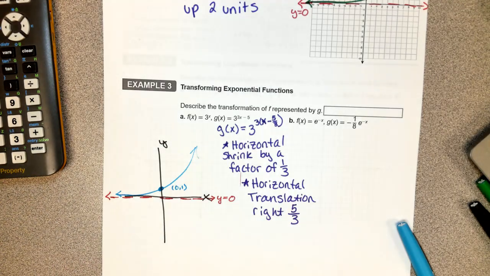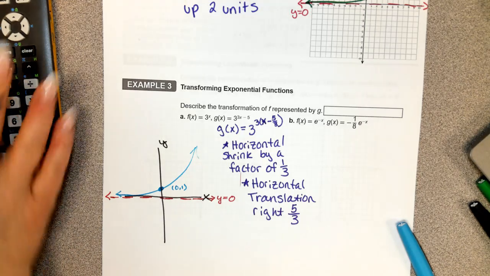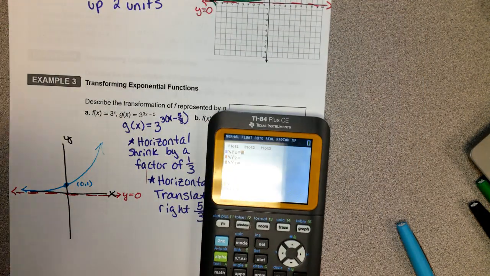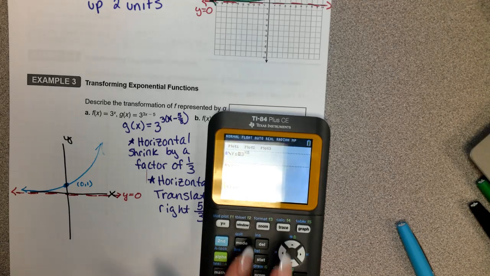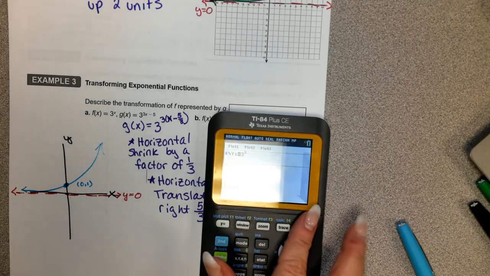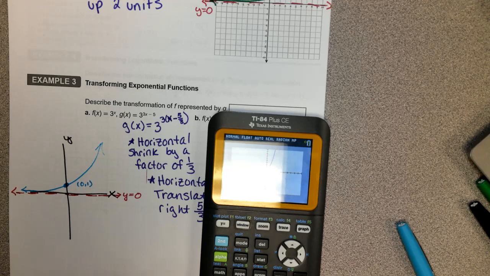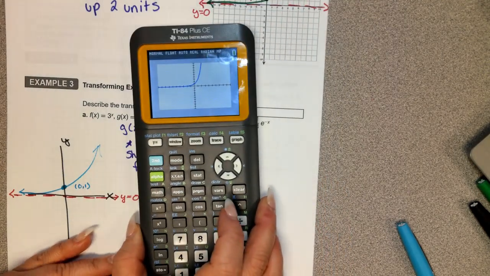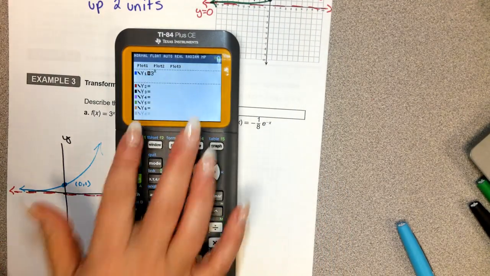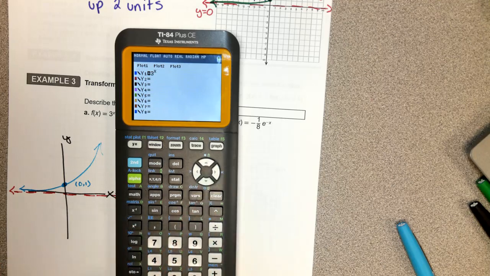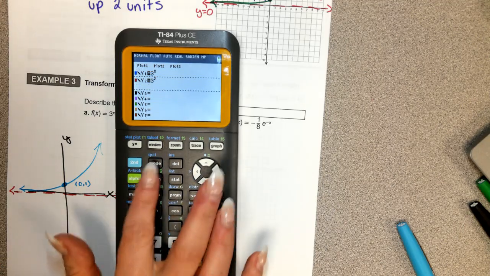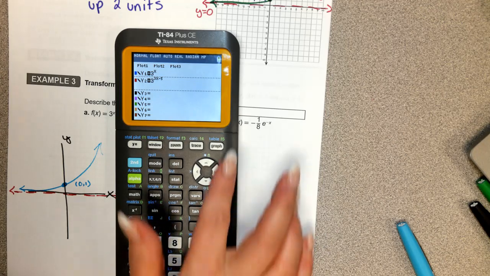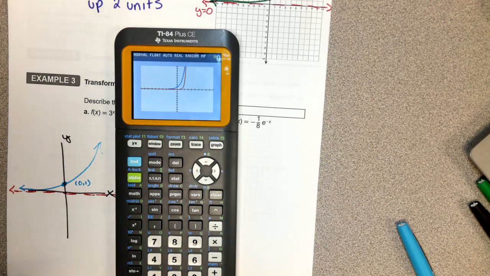Okay. Then you can graph these two in your calculator, right? Originally I had 3 to the power of x, and that looks very much like what we just did. And then my transformed function was 3 to the power of 3x minus 5, and you'll see that right there.